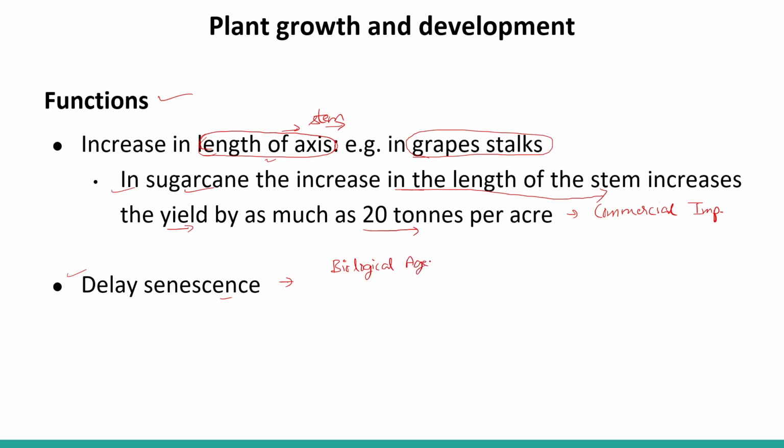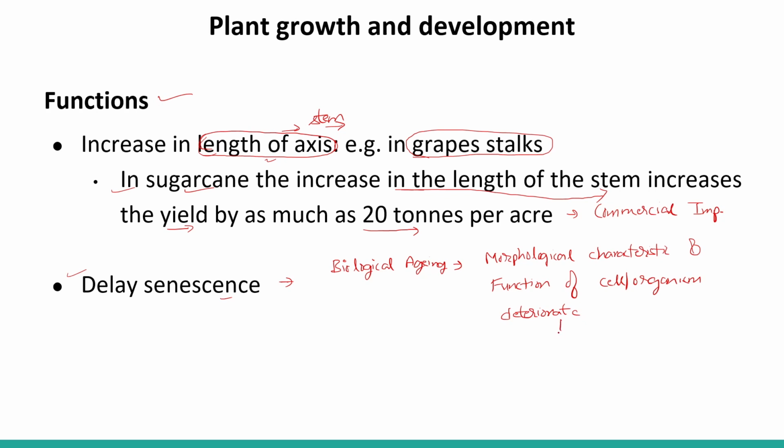During senescence, the morphological characteristics and the function of the cell or the organism start to deteriorate.